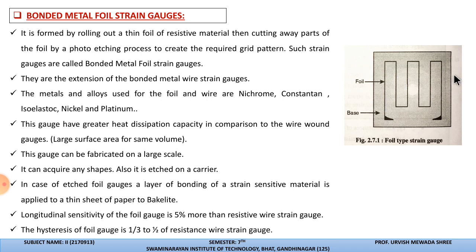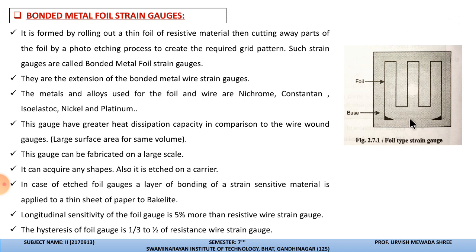The base may be made of bakelite material. Again, the longitudinal sensitivity of the foil gauge is 5% more than the resistive wire strain gauge. So this kind of strain gauge is superior to the resistive wire strain gauge.